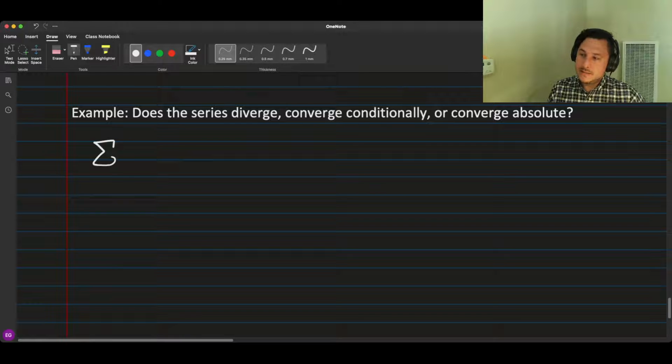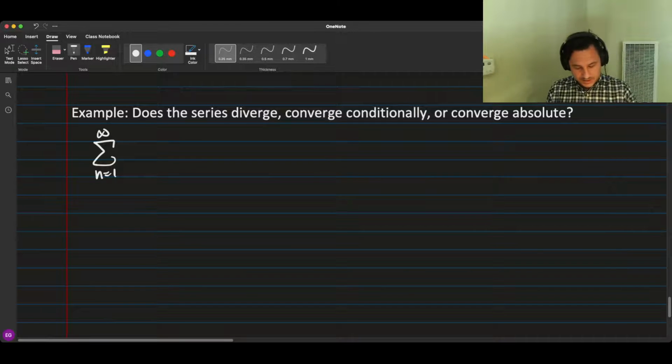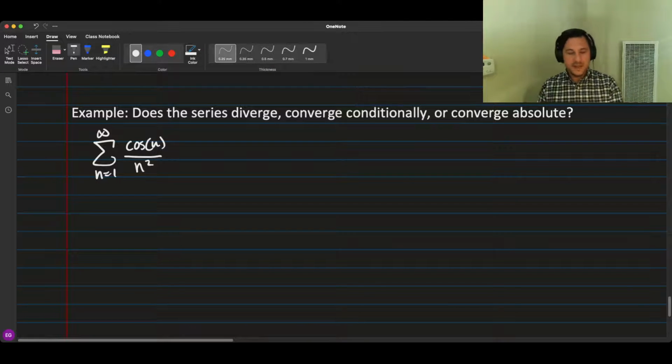So let's look at the sum from n equals 1 to infinity of cosine of n over n squared. First of all, we have to figure out whether this converges.